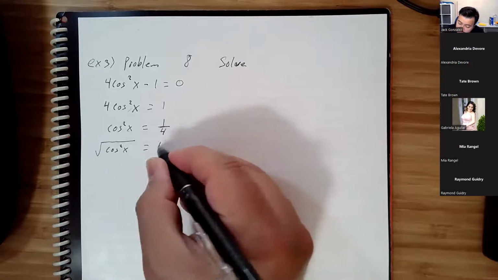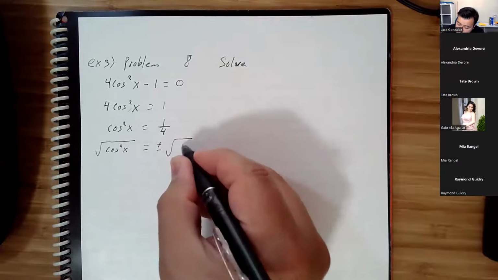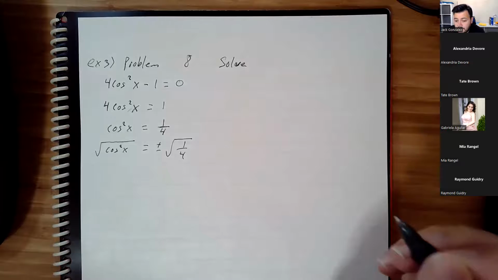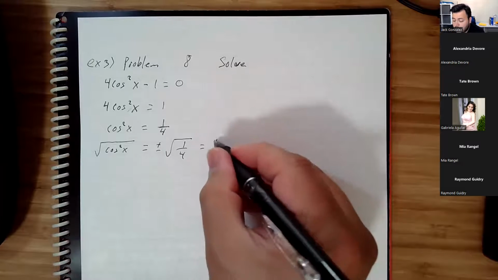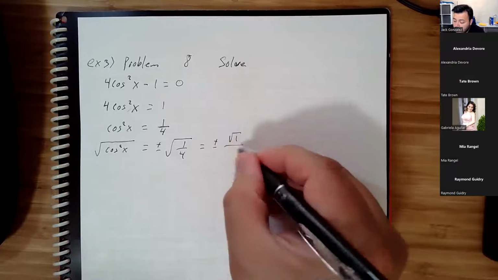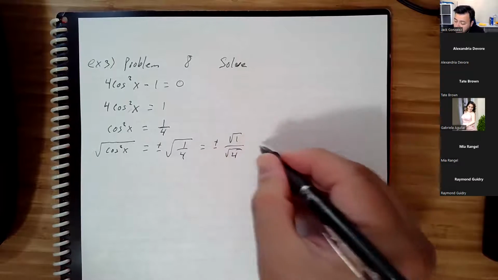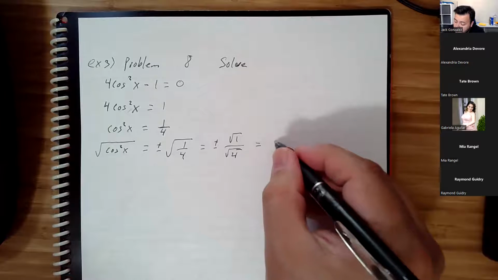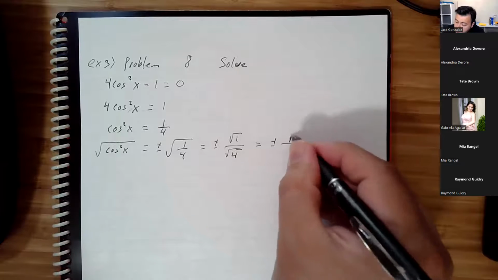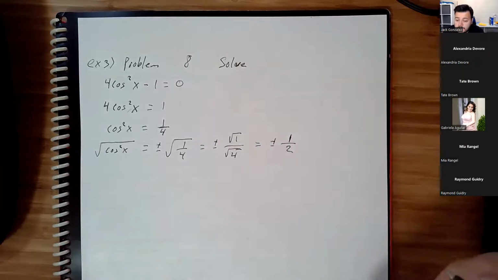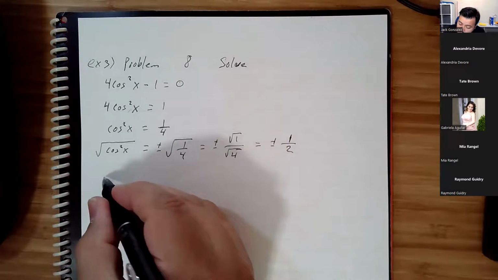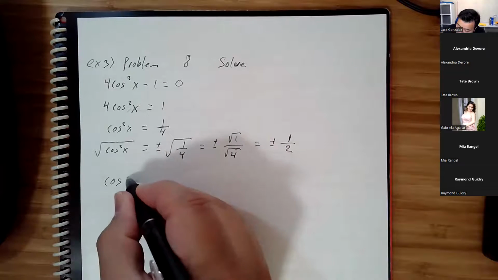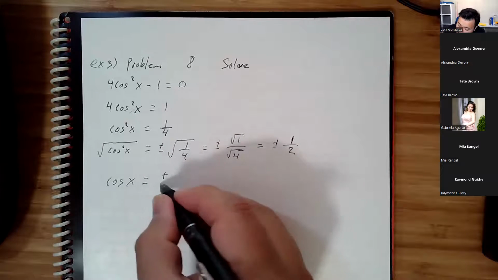And when you square root both sides, you have to tack on the plus or minus. And remember that you can separate the square root like this and get square root of 1, which is 1, square root of 4, which is 2. So we get cosine x equal to plus or minus 1/2.